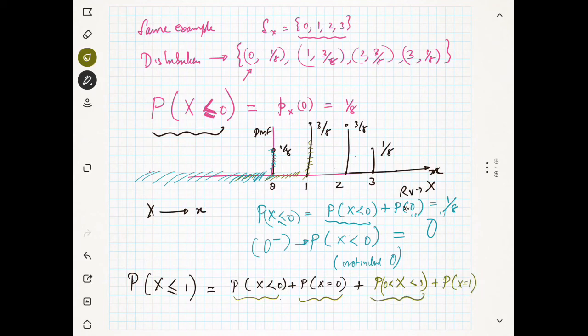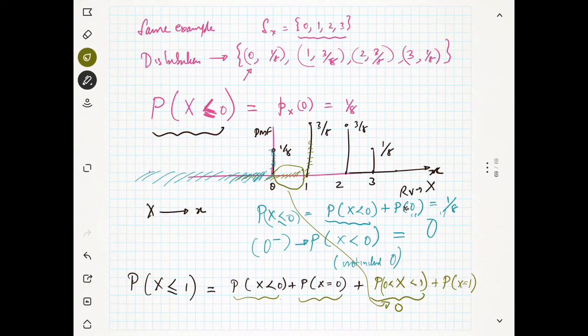There is nothing between 0 and 1, so this part is 0 because nothing is defined on the y axis for this portion. It is because we are talking about a discrete random variable. When we talk about a continuous random variable, we can expect all the values between 0 and 1.